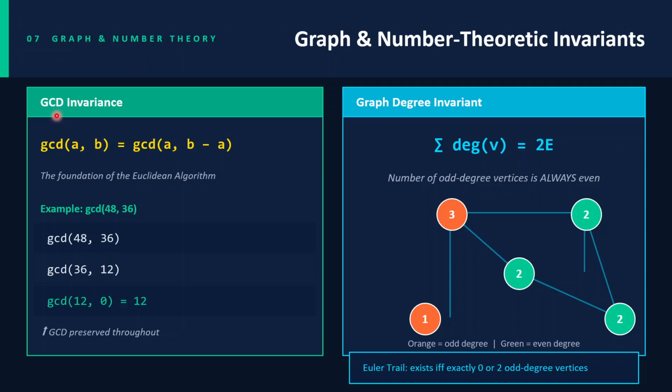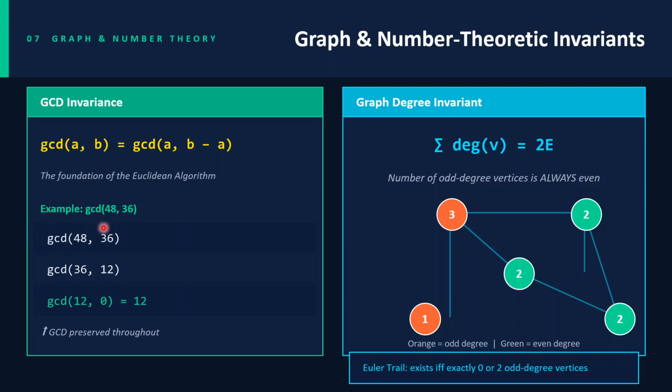Now GCD invariance. This is a very important concept. GCD is nothing but the greatest common divisor. We have GCD of A and B, and GCD of A, B minus A, because this B minus A is nothing but the modular invariance. So you can obviously manipulate it like that.